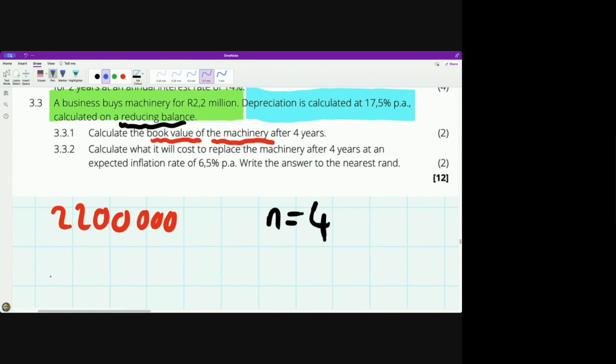So we need to make sure we've got the correct formula. So let's just all check that you are using that formula. Now, what value is A and what value is P and all this stuff is important too.